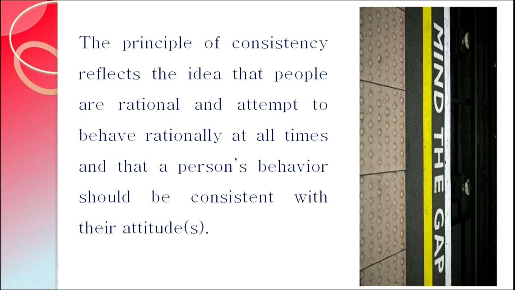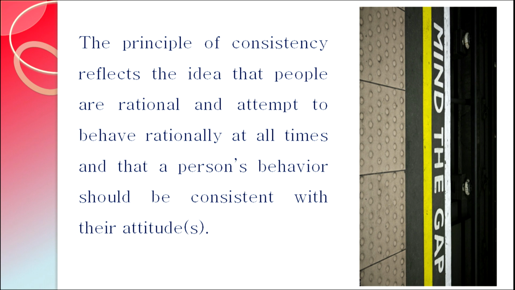The principle of consistency reflects the idea that people are rational. That is, whenever they behave in a particular manner, they behave as per their thought process. They attempt to behave rationally at all times, and a person's behavior should be consistent with their attitude.